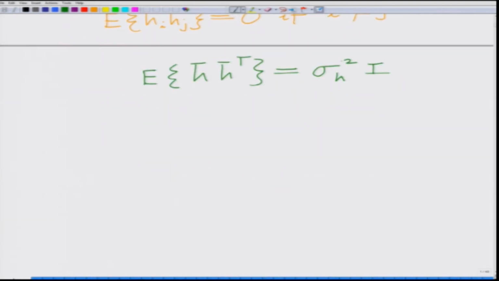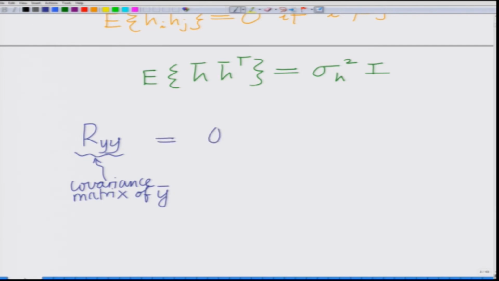We have derived the covariance matrix of the observation vector y, that is R y y. This is the covariance of observation, and this we have said is sigma h square X X transpose plus sigma square times identity.